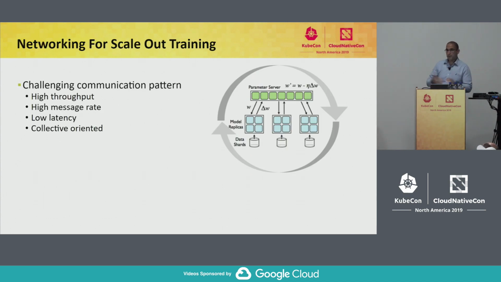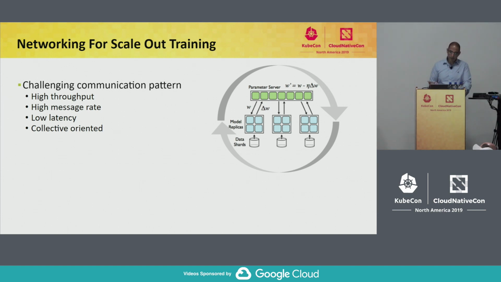Now, when we look at those network elements in the training phase, we see that the communication pattern is very, very challenging. It usually needs very high performance and high throughput. Those models can be transferring tens and hundreds of gigabits per second. So it's a lot of data from every computer, and you usually have a lot of computers doing that.